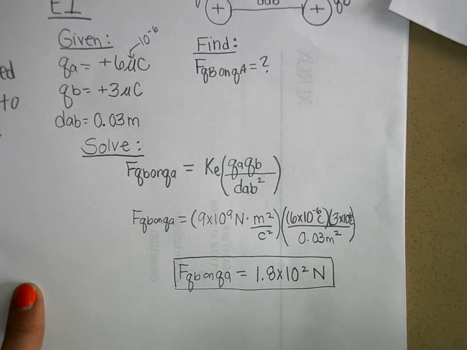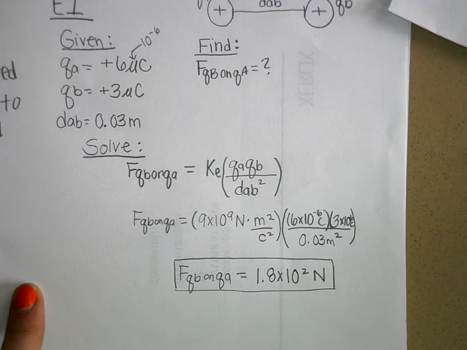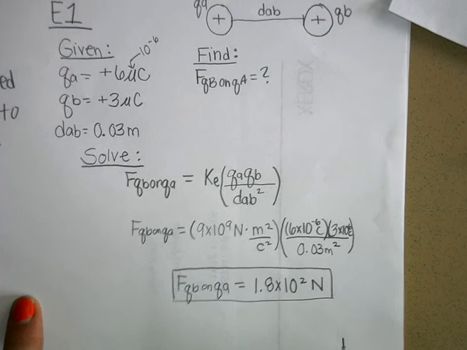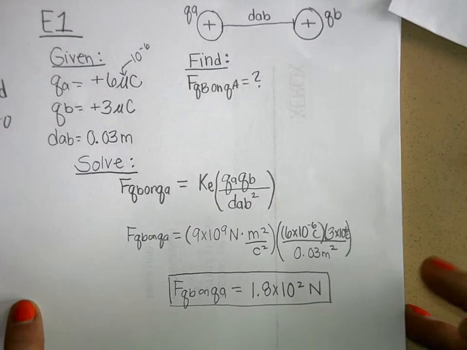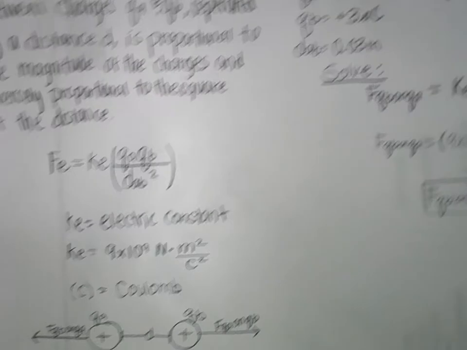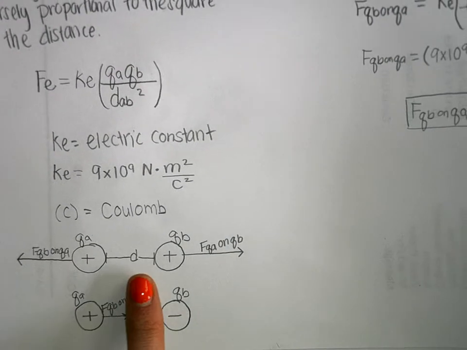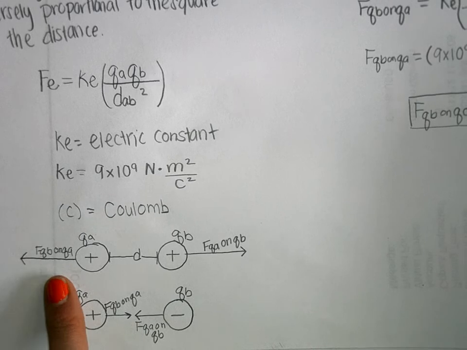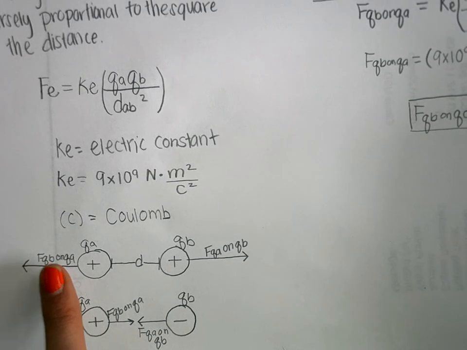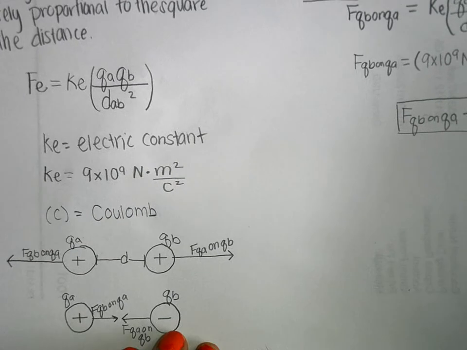Then your last step is to figure out the direction of the force. They're similar charges, they're both positive. So you can look back on what we drew earlier. It shows us here that the force of charge B on A is going to be to the left.